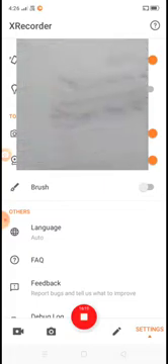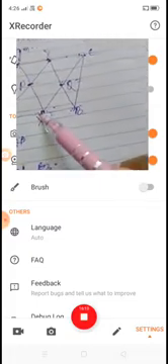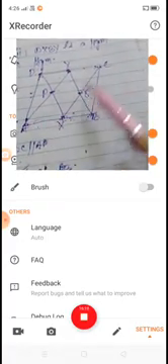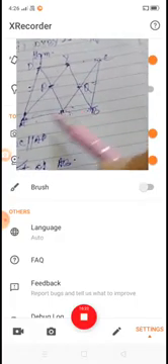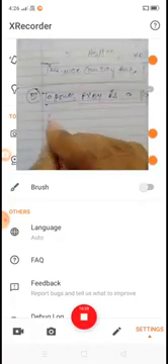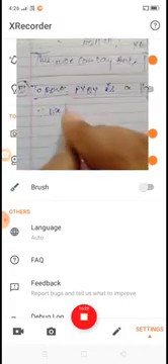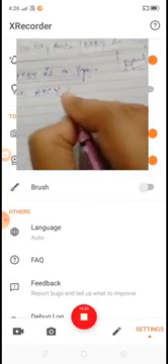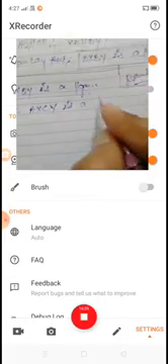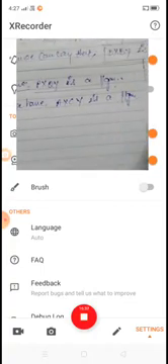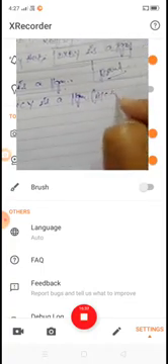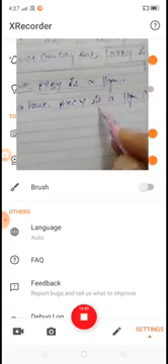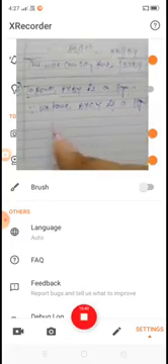Recently, in the first part we had to show that AXCY is a parallelogram. This is proved in the first part. According to the first part, AXCY is a parallelogram.